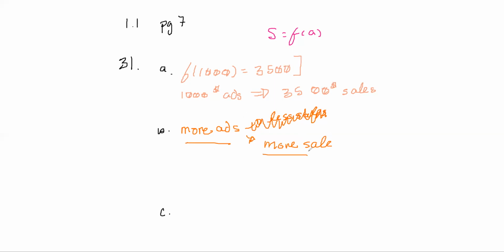So we're going to be looking at something where as the advertising money goes up, sales go up. And the way that we graphically represent that is something with a positive slope. So I spend more on advertising, I get more in sales. Does that make sense? So I decided it was going to be a positive slope. That leaves me with graph number 1.